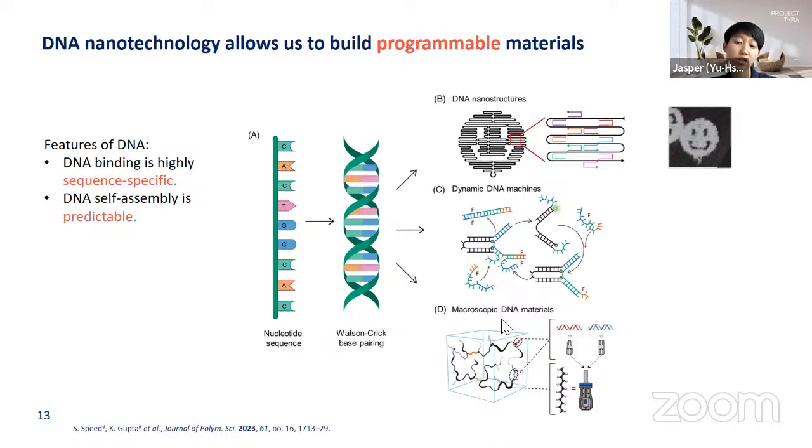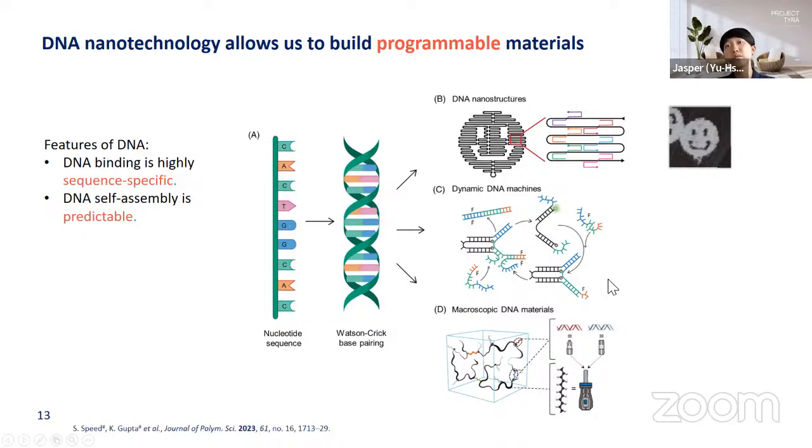DNA nanotechnology leverages this property to build custom nanostructures by combining multiple different DNA strands that bind in a predictable manner. You can build DNA origami, like this smiley face. You can also design a DNA machine that uses a lot of strands that undergo strand displacement and can be designed to do certain jobs.